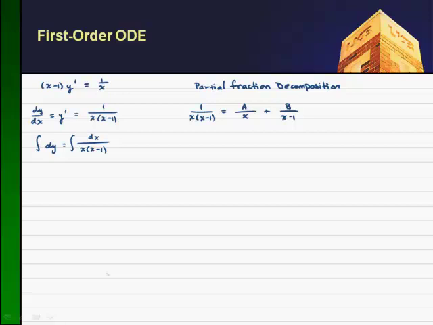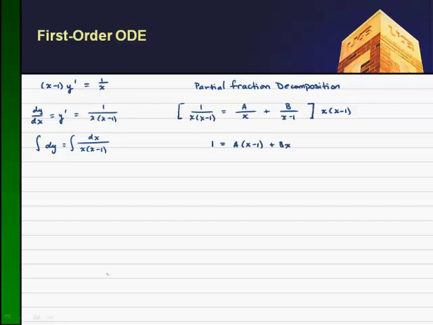The first thing I want to do is multiply both sides of this equation by x times the binomial x minus 1. I'll get 1 is equal to a, the x's cancel, times x minus 1, plus b, the x minus 1's cancel, times x.